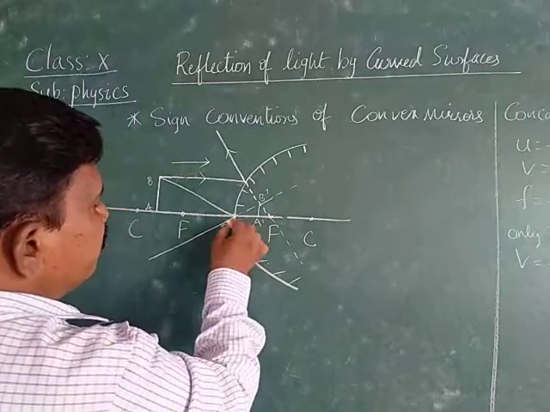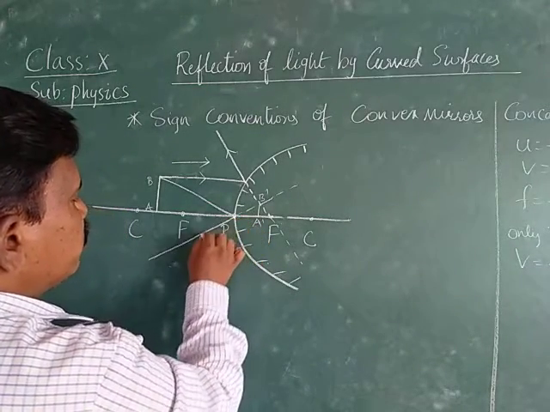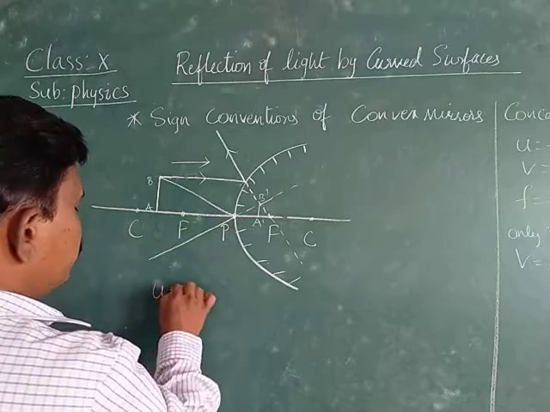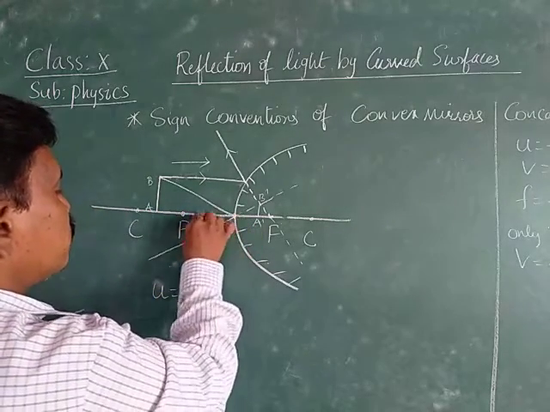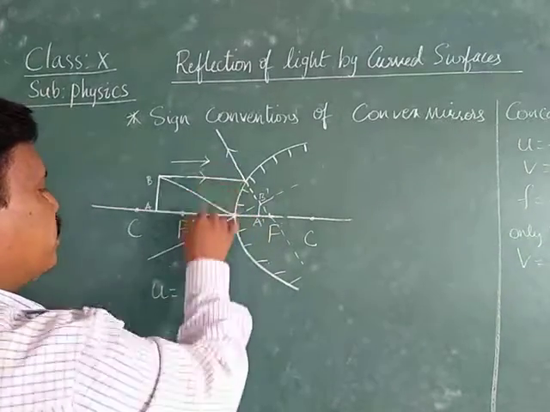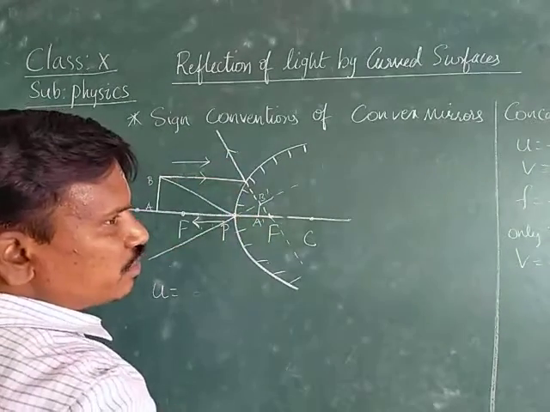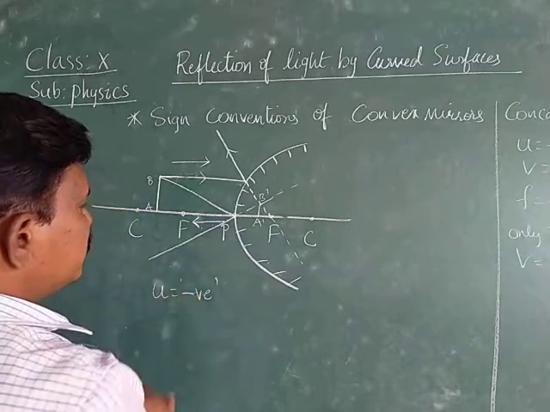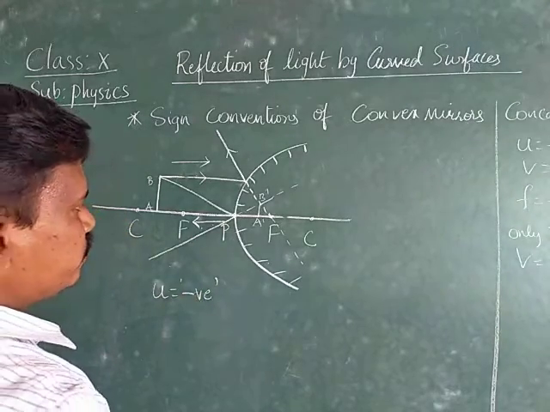Therefore we have to measure only from the pole. In this case, the object distance is taken as U. We should always measure from the pole. Are these two in the opposite direction or the same direction? Opposite direction. Therefore U is taken as negative.